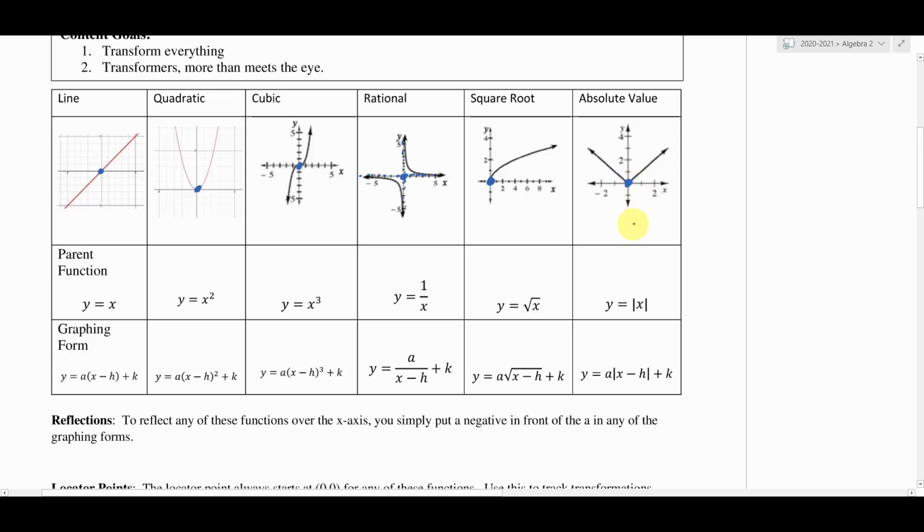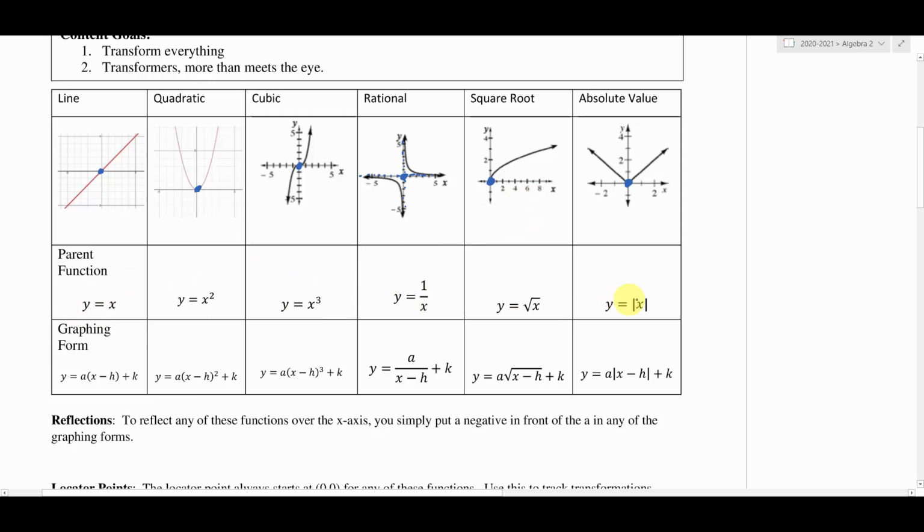You'll notice every single graph starts at 0, 0. We use those locator points if we're ever given a graph and we have to figure out how it's been moved. That locator point is really helpful in tracking down the left and right movement and the up and down movement. I'll show you a couple of examples of that later on.